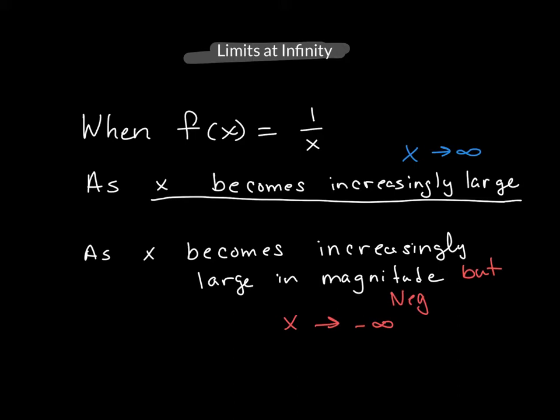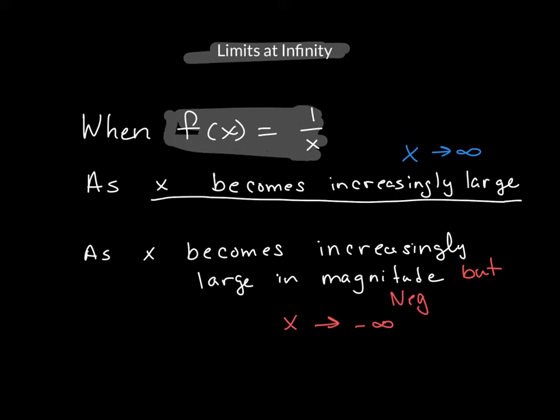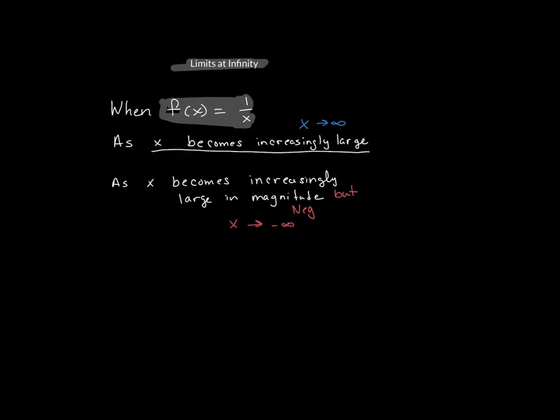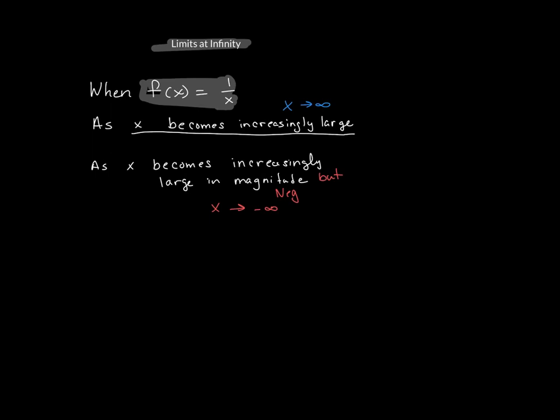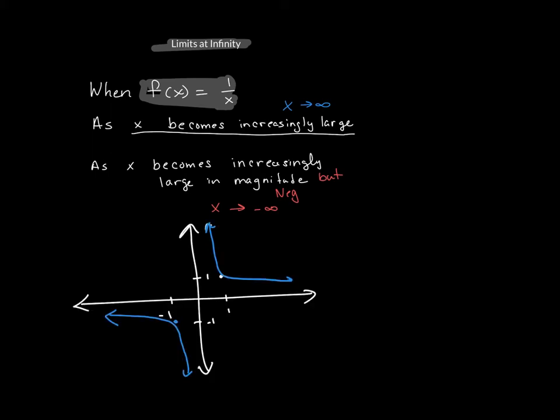And we're going to talk about the function that I have up here. So for example, to start off with, f of x is equal to 1 over x, because this is going to be what we're going to base a lot of our judgments on. Now, if we graph this function, this is the graph of 1 over x, but what's important to realize is that limits at infinity occur at horizontal asymptotes.